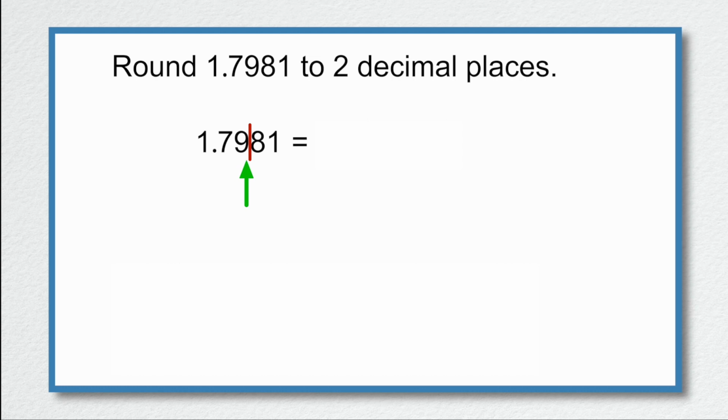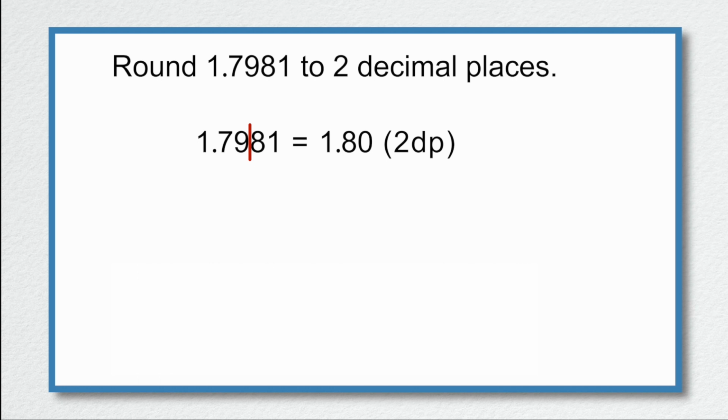We look at the first digit after the cut-off point, which this time happens to be 8. Because this digit is 5 or more, we round the 9 up. So we round the 9 up to 10. So the 9 becomes a 0, and the 7/10 actually becomes 8/10. So 1.7981 rounds to 1.80 to 2 decimal places, and it's important again to put the 0 in because we are writing this to 2 decimal places.